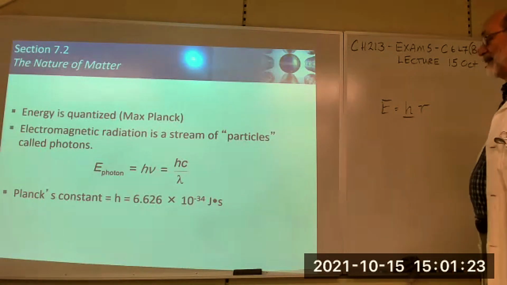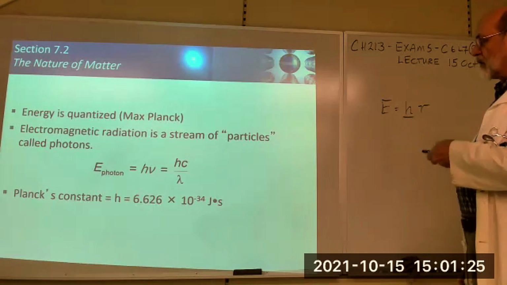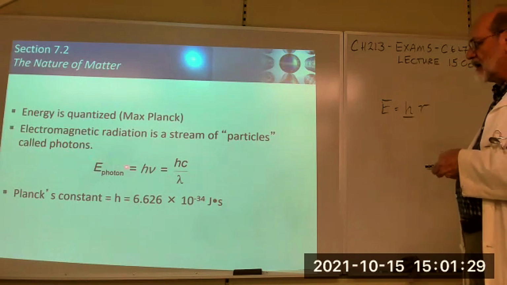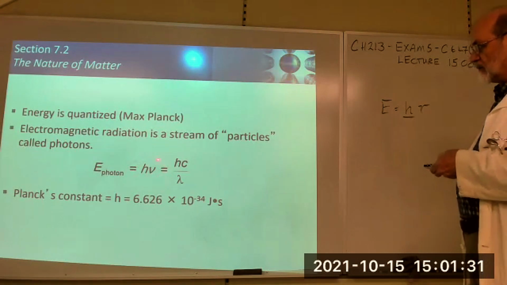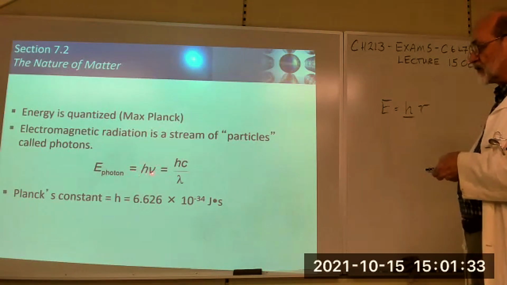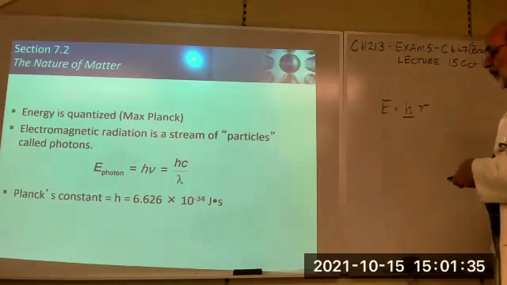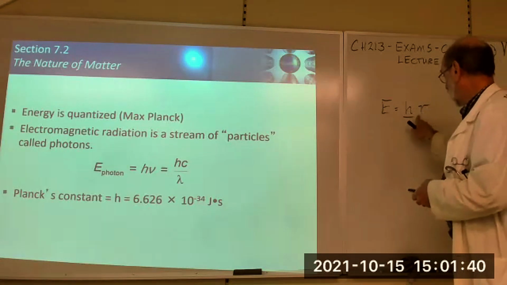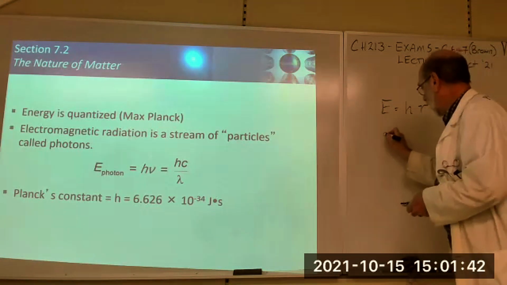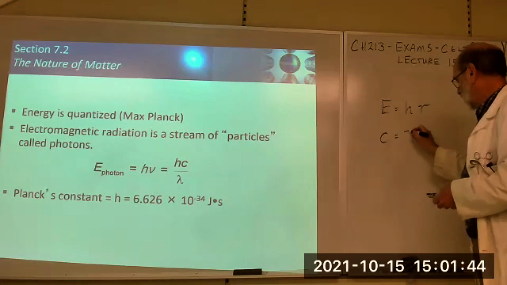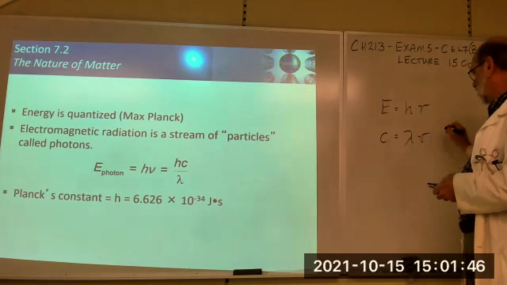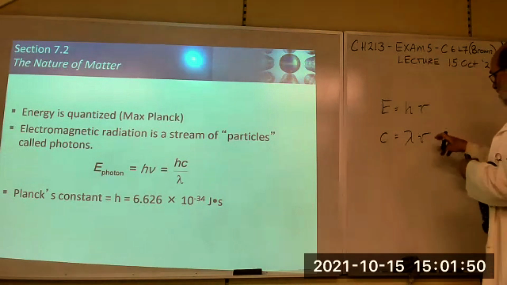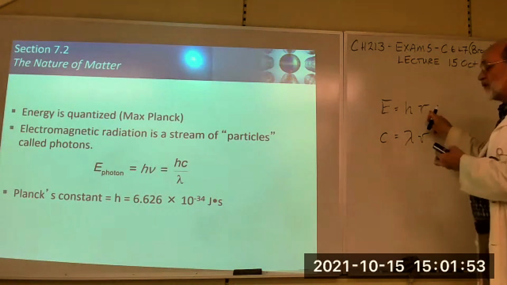So these streams of particles, these photons, each photon contains energy in this proportion, the constant times frequency. And if we keep that one in your mind, and then we've already learned this one, which is lambda times nu equals c, then if you know the frequency, fine.